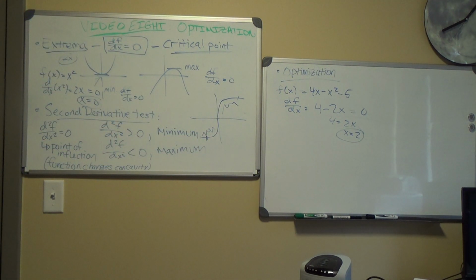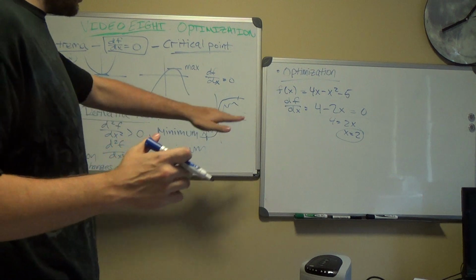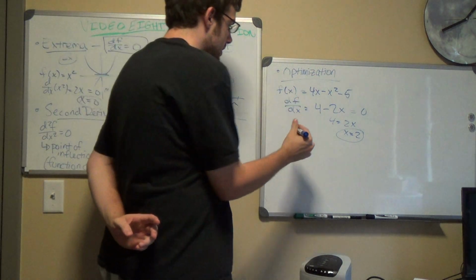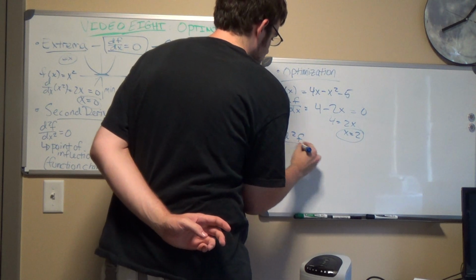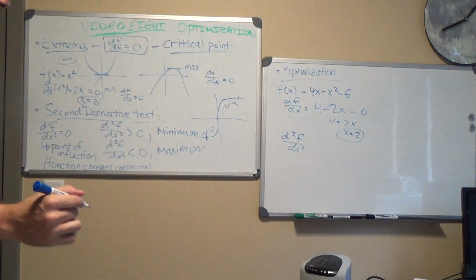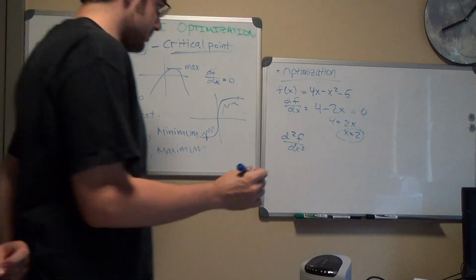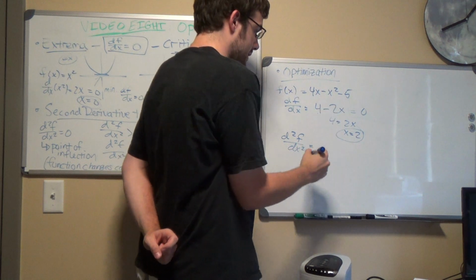Now let's determine whether it's a maximum or a minimum. How are we going to do that? We're going to find the second derivative. So d2f/dx2 is the derivative of this. The derivative of 4 is 0.